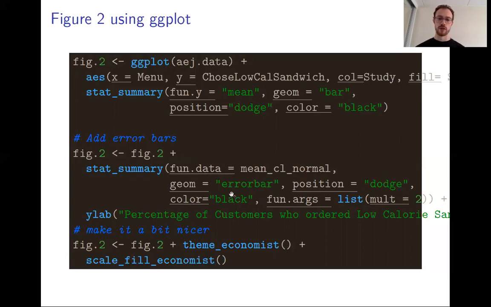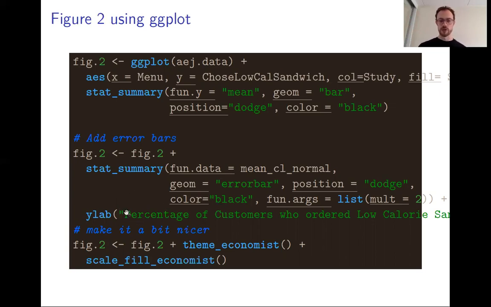And then I want to have the geometry error bar, again, position dodge with color black, and the argument here is the multiplier. Since I multiply by 2, we get kind of 2 standard errors on top, to give kind of like a 95% confidence interval.